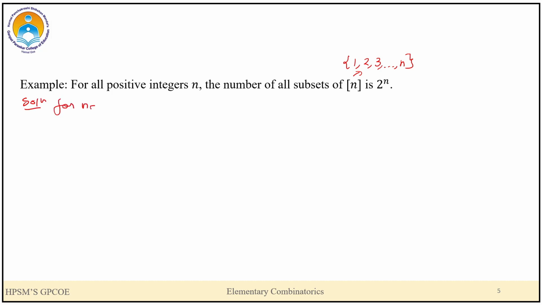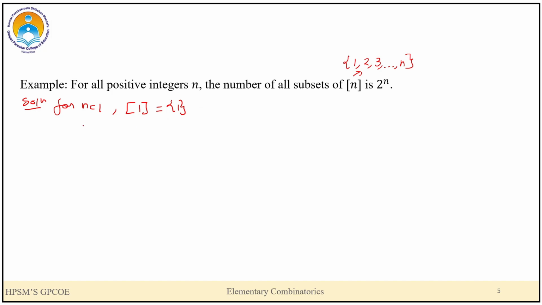For n equal to 1. When we consider n equal to 1, it is nothing but the set [1], which is the singleton {1}. Now if we count the number of subsets of the singleton {1}, it is nothing but the trivial subsets, that is the empty set and the whole set. So the count of all the subsets is 2.